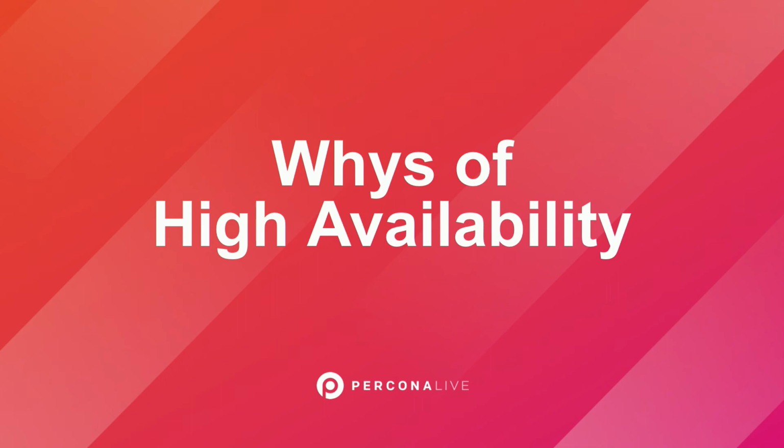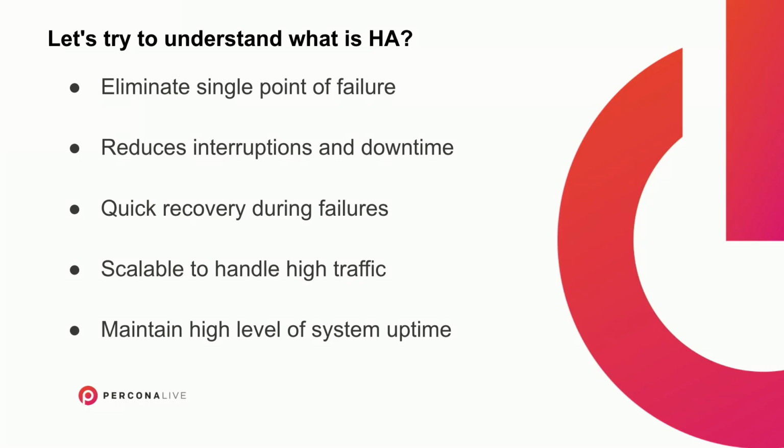Okay, so why do we need high availability? High availability is a very important part of day-to-day architecture. It eliminates the single point of failure. Even if one component goes down in our system, the entire system should not be down. That is why we prefer high availability. To reduce interruptions and downtime in our environment, we need to make sure our system is ready to cope with it.